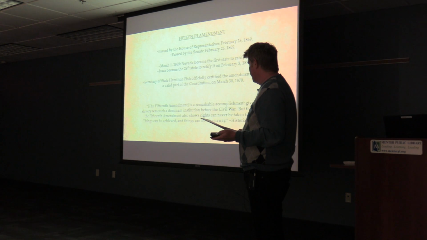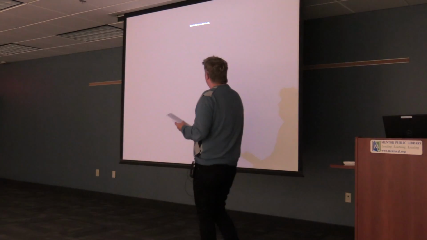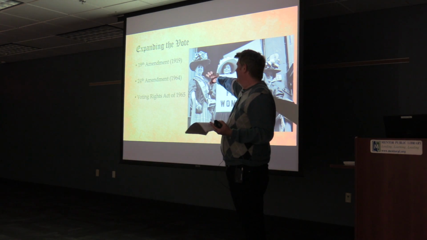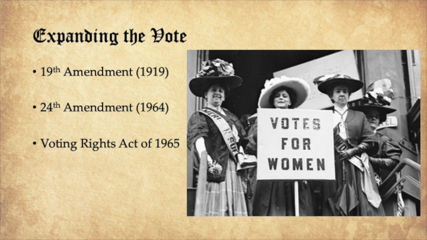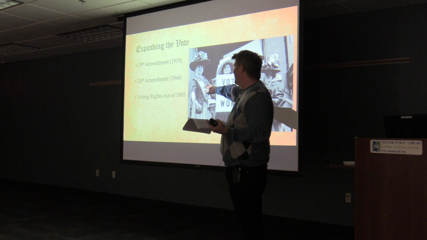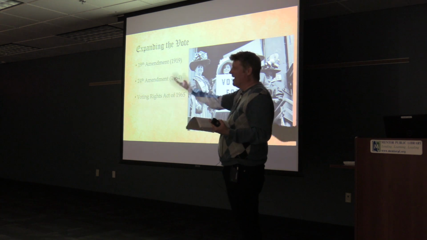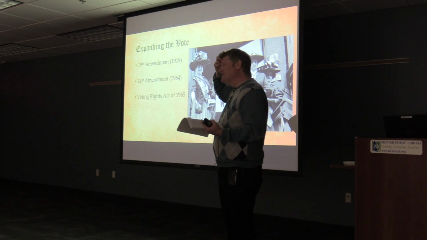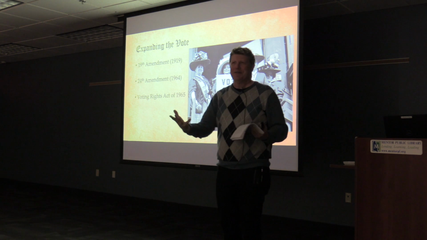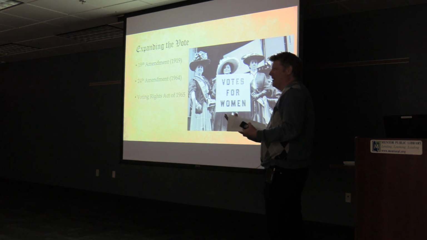But just to sort of finish up, women don't get the full franchise till 1919. The 24th Amendment, getting rid of poll taxes, among other things, doesn't get passed until 1964. The Voting Rights Act of 1965, once again, reaffirms essentially rights that should be discernible in the Constitution prior to that point.